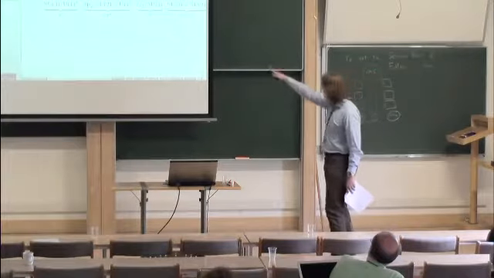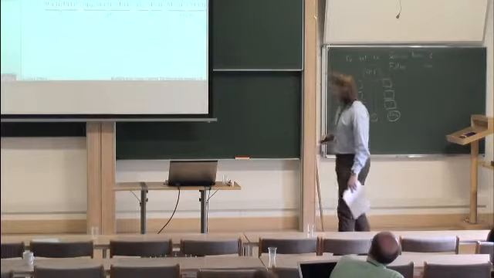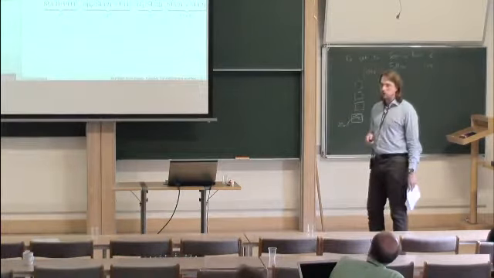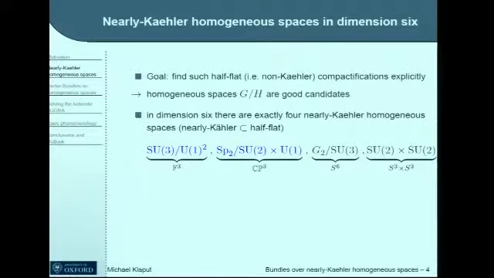I also indicated what they are as topological spaces. As you can see already for this space, this will be CP3, and I suppose most of you are more familiar with the other coset representation of this space, and similarly for the 6-dimensional sphere, which can also be written as SO(7)/SO(6).